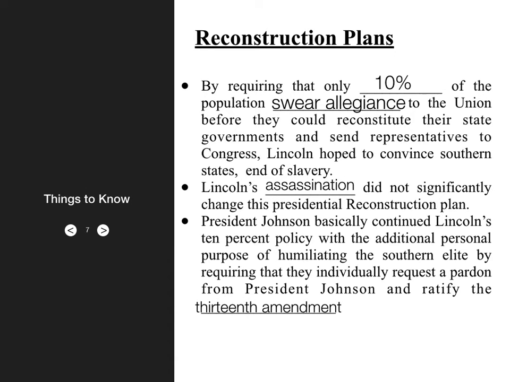President Johnson basically continued Lincoln's 10% policy and the additional personal purpose of humiliating the Southern elite by requiring that they individually request a pardon or ask for forgiveness from President Johnson and ratify the 13th Amendment that freed the slaves. Johnson quickly granted pardons to the prominent Southerners who requested them.